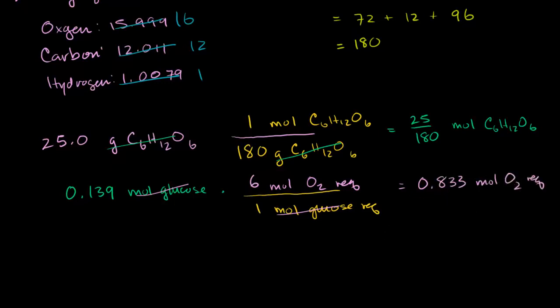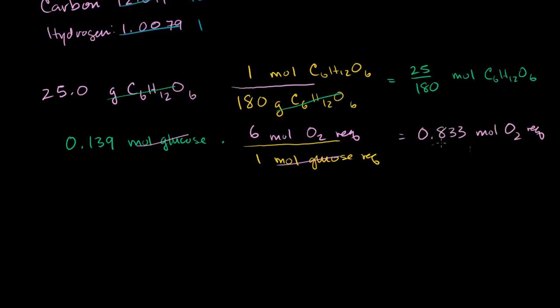Now, we're almost there. We know how many moles of oxygen are required, molecular oxygen. Now we just have to figure out how many grams that is. So let me write it over here. We have 0.833 moles of molecular oxygen required.